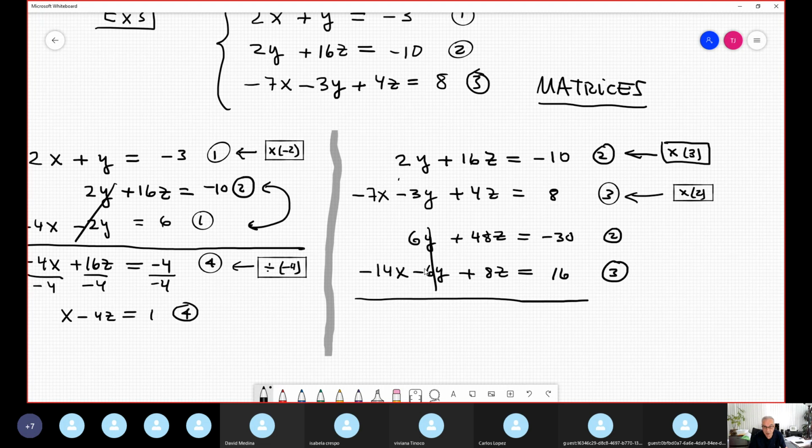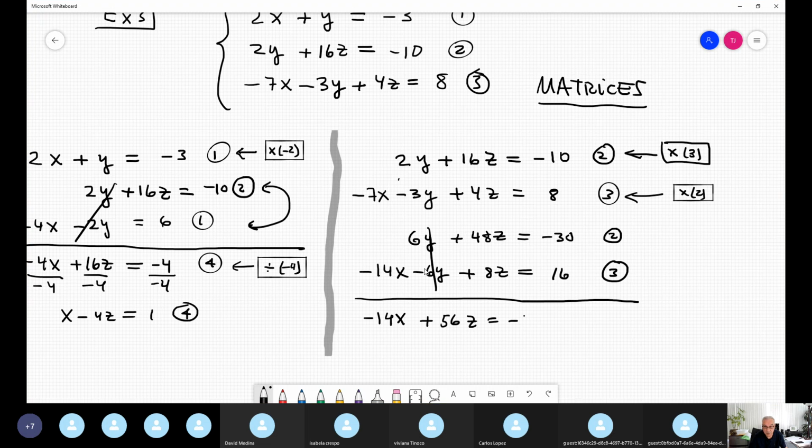So now I bring down negative 14x, no y, it disappears, good, exactly the same intention I did in the first couple. Plus 56z is equal to negative 14, because negative 30 plus 16 is negative 14. Okay, super. I like that.